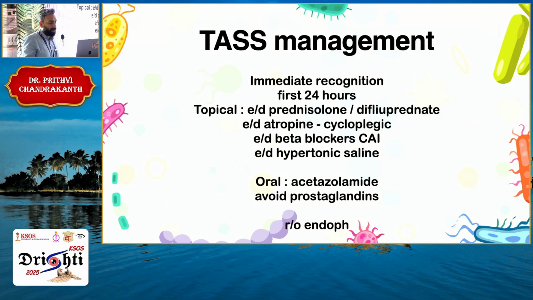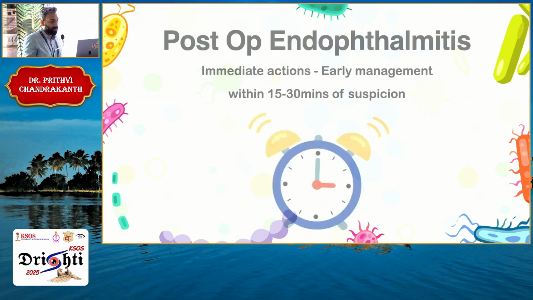After immediate recognition, in the first 24 hours, you need to give topical steroid eye drops, preferably prednisolone or difluprednate, atropine eye drops for cycloplegia, and any AGMs like beta blockers or carbonic anhydrase inhibitors. If the cornea is involved, better to give hypertonic saline also, and oral acetazolamide, and avoid prostaglandins, because they could actually increase the inflammation.